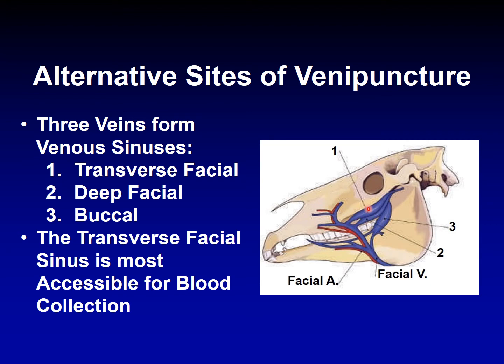This is very good for small amounts of blood. So the transverse facial, deep facial, buccal, which basically forms the sinus. So these are alternative sites for venipuncture in the horse. There are other venipuncture sites.